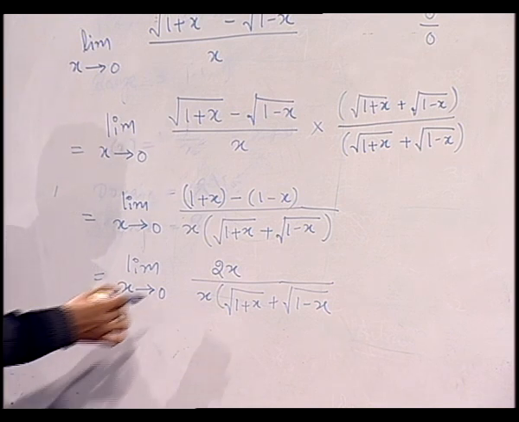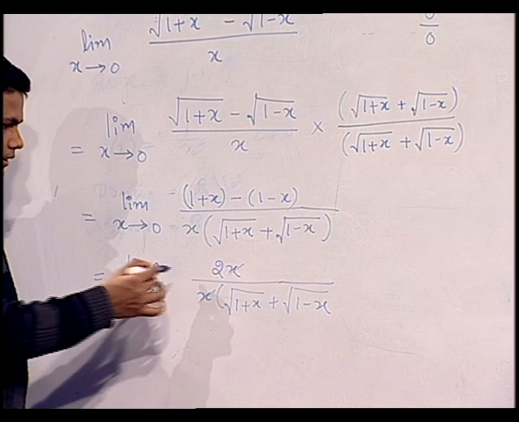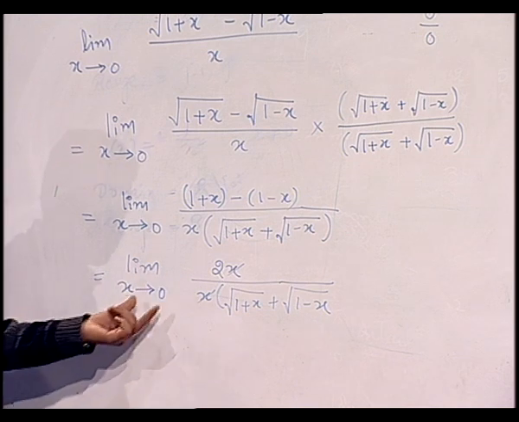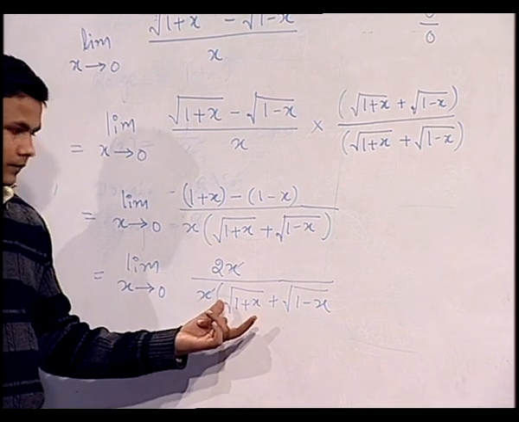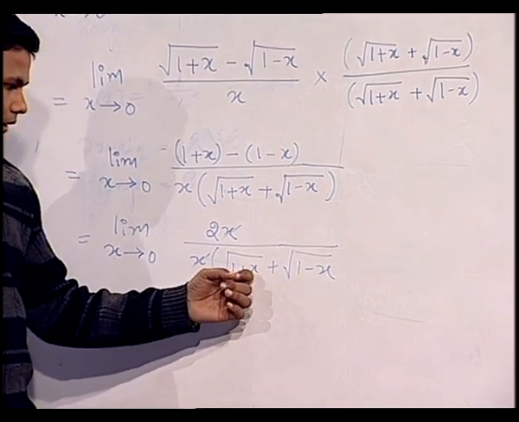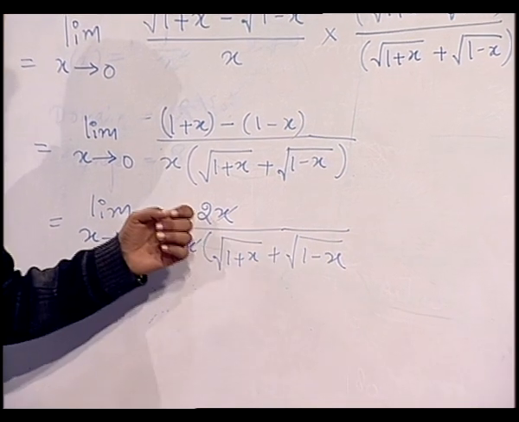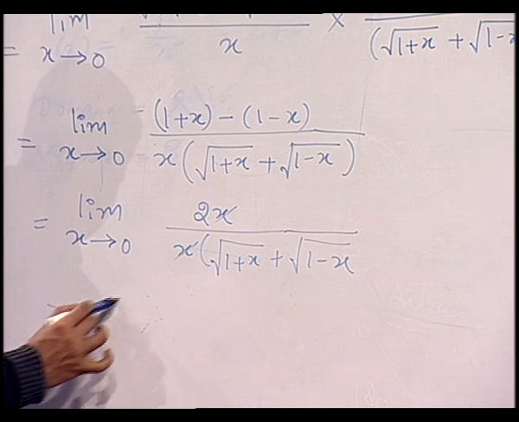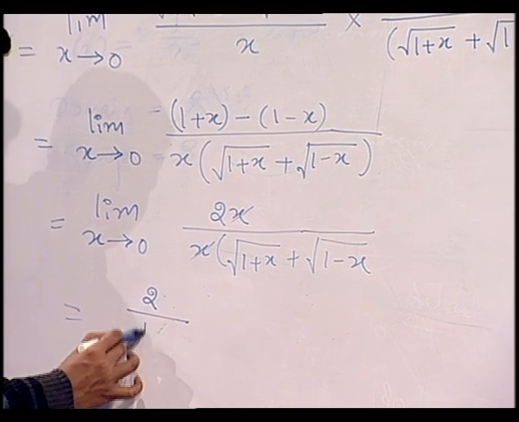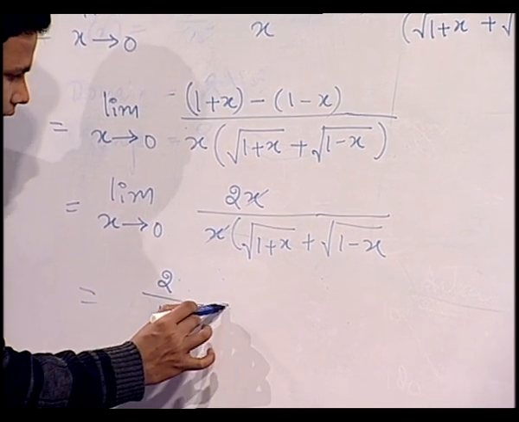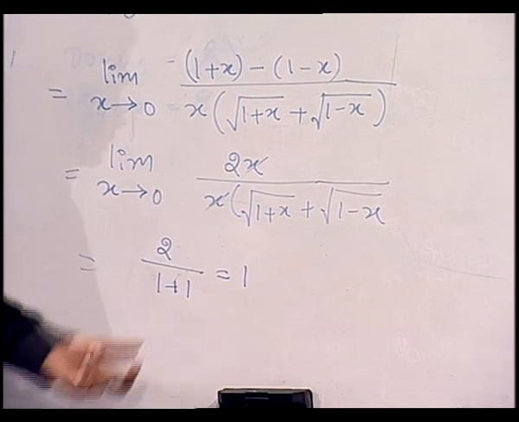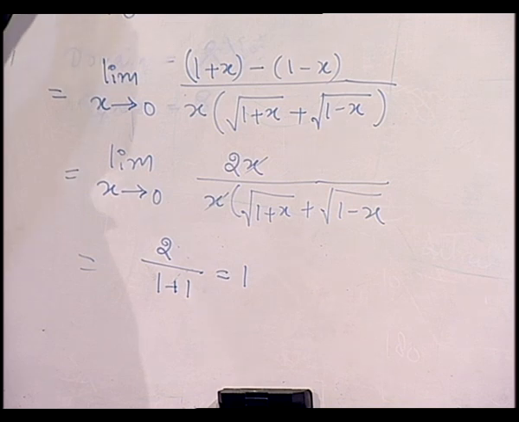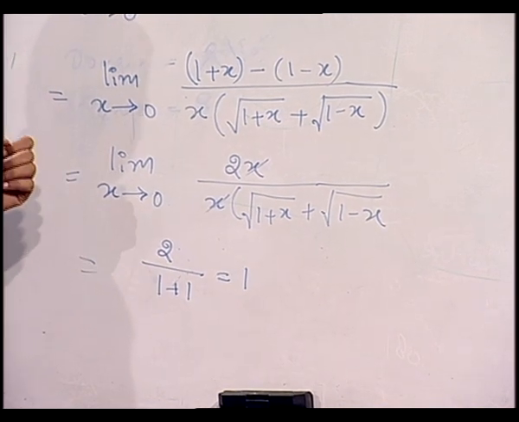And now x cancels this x, and now we can substitute x equals to 0 here. So when we substitute x equal to 0, we get 2 upon (1 plus 1), that is 1. So the limit of this function is 1 when x tends to 0.